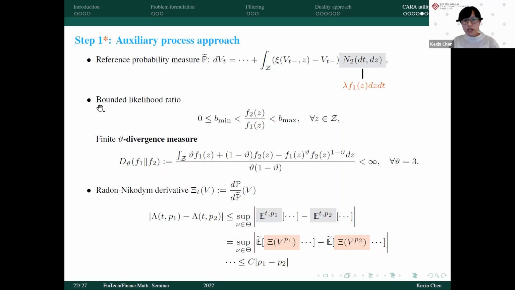Here we are working under the assumption that there is a bounded likelihood ratio. In other words, we require that these density functions satisfy this boundedness constraint. Sorry, and we also assume that it has a finite theta divergence measure for theta equals 3. In other words, we require that this divergence is less than infinity.